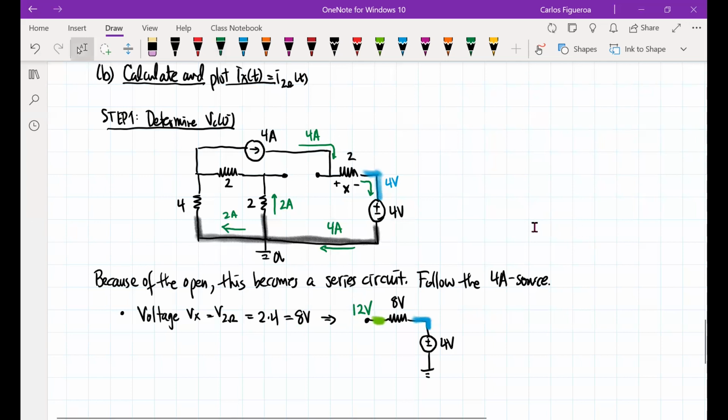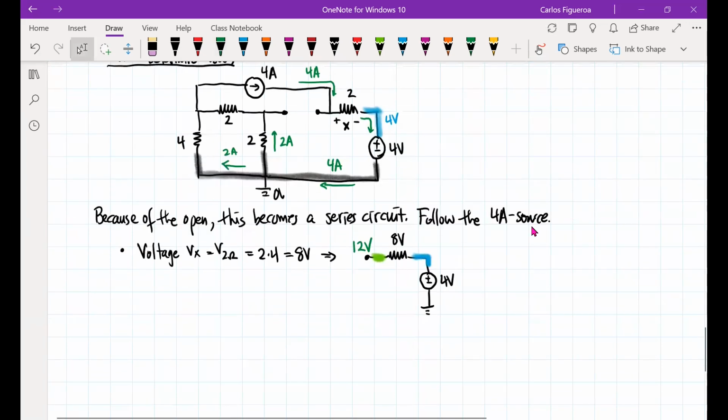Now the next thing I want to do is look at the voltage of the other node. I'm going to call this resistor Y. And look at the direction of the current. That's positive, that's negative, so that's the polarity.